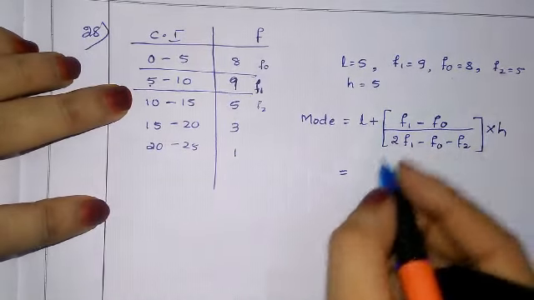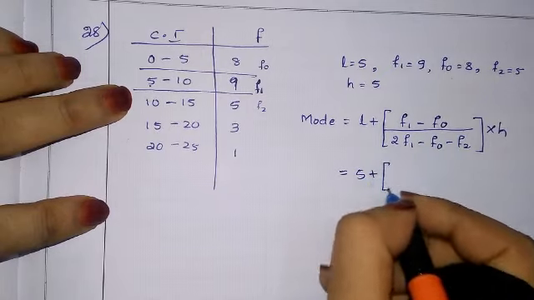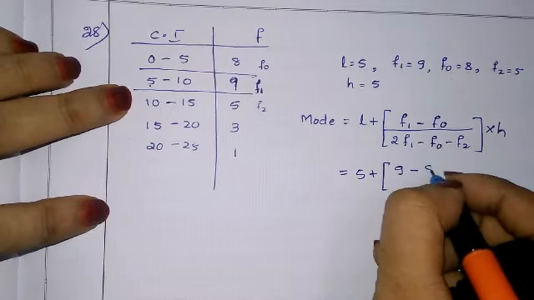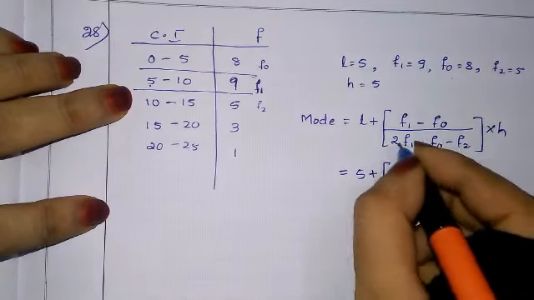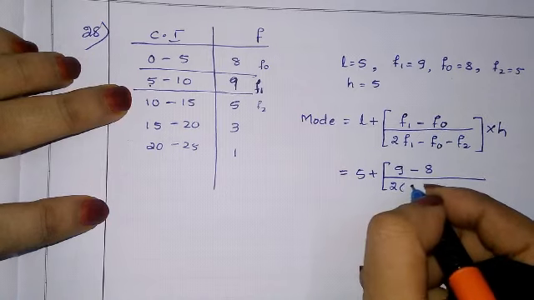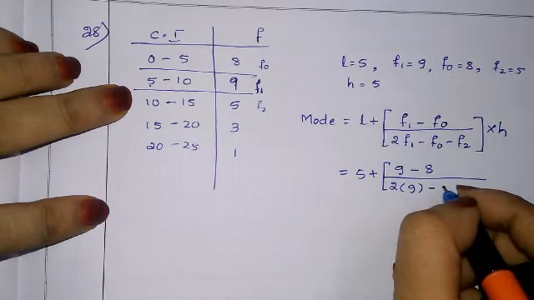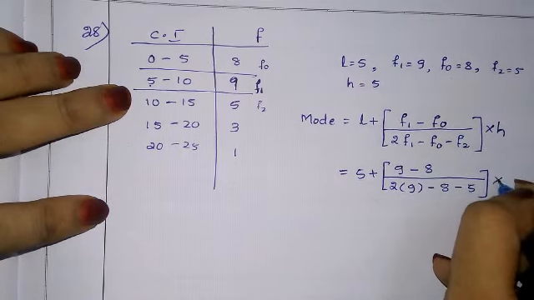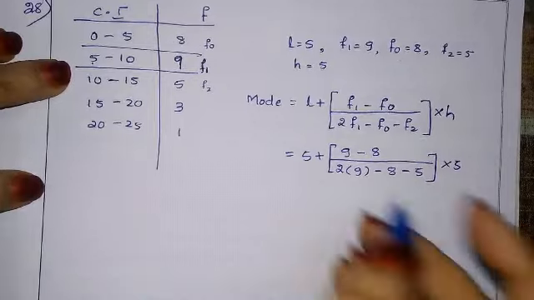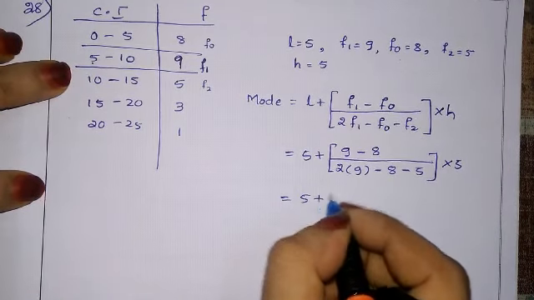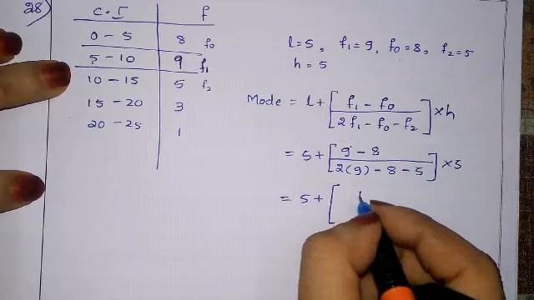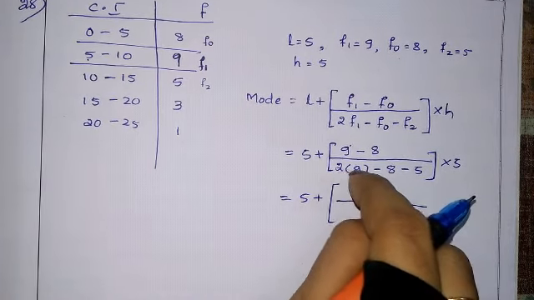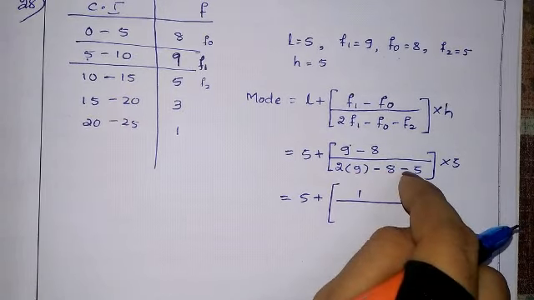L value is 5 plus F1 value 9 minus F0 8 upon 2 into F1 9 minus F0 8 minus F2 5, into 5. So 5 as it is plus 9 minus 8 is 1. Always here in the denominator, this we have to multiply, and this we have to add with the negative sign.